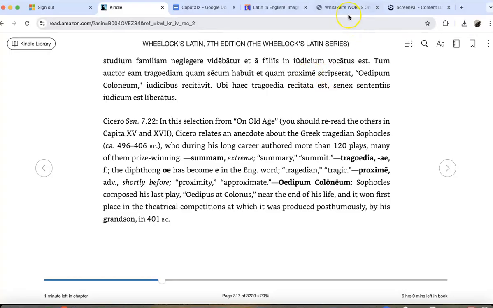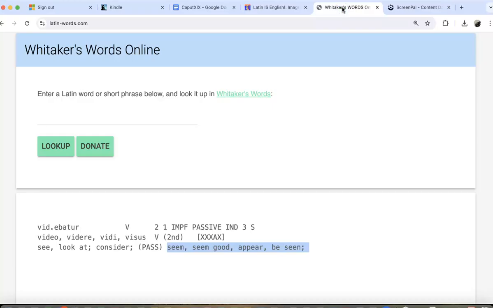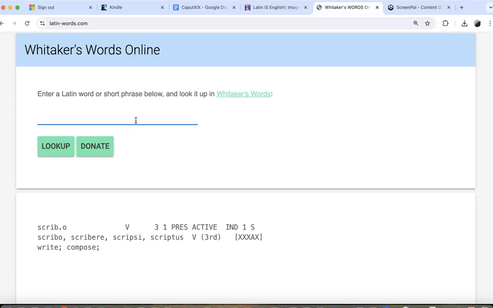So scripserat, this is pluperfect. Just go back to basic grammar. If I take scribo, which is present tense, but then we look at the third principal part, and we add eram, eras, erat, eramus, eratis, erant, the irregular form of to be at the end of it, this is pluperfect, as you can see, and we translate that as had written.